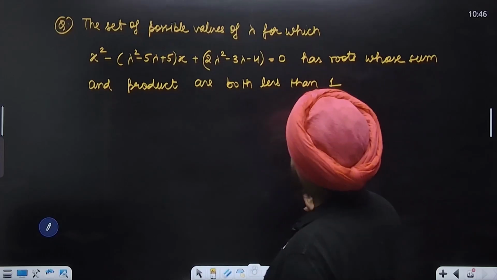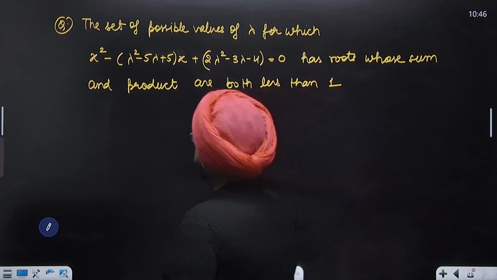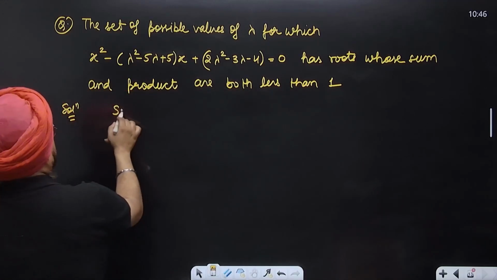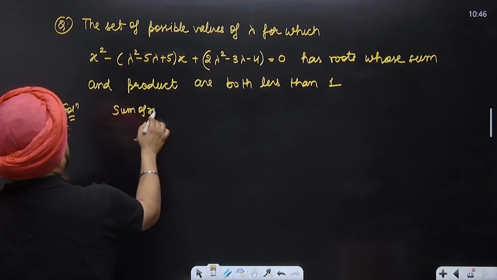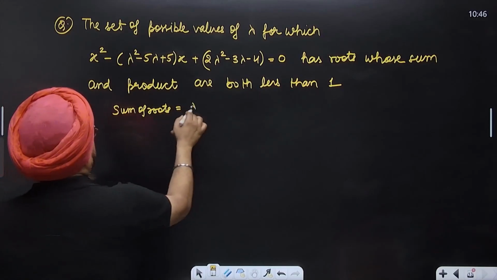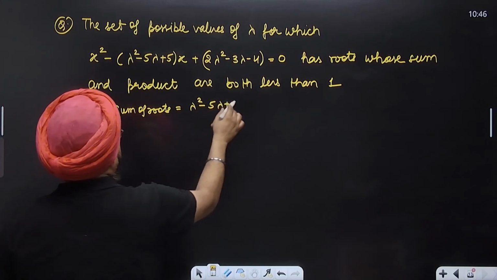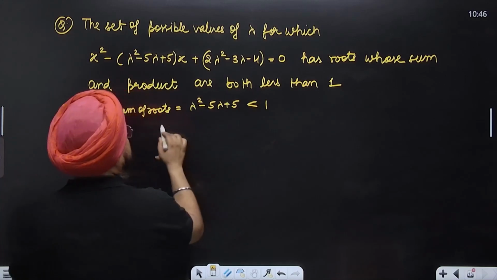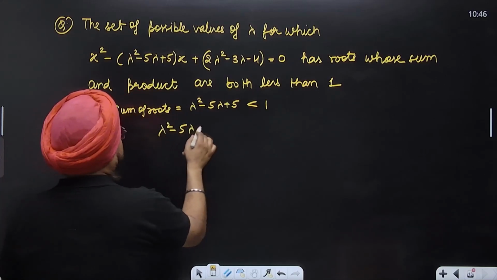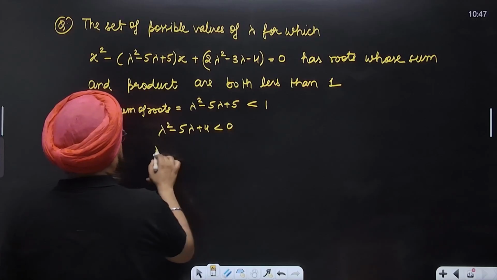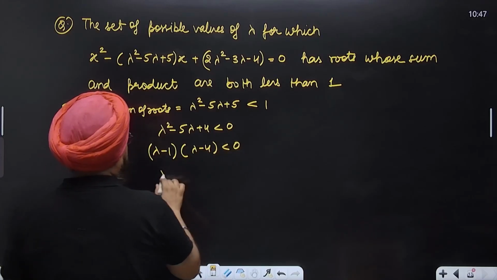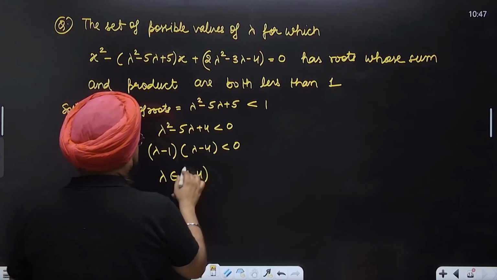So you must have tried this problem. Let's solve. Sum of roots we can write, minus b by a, is lambda square minus 5 lambda plus 5. It is given less than 1. So this is quite a simple inequality. The value of lambda will be 1 to 4.